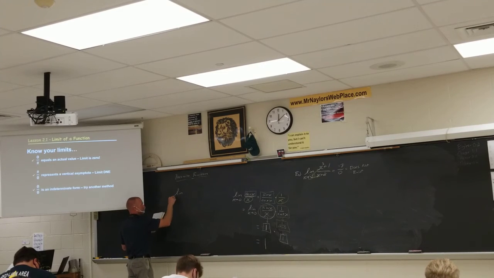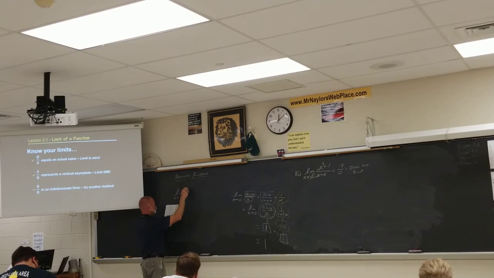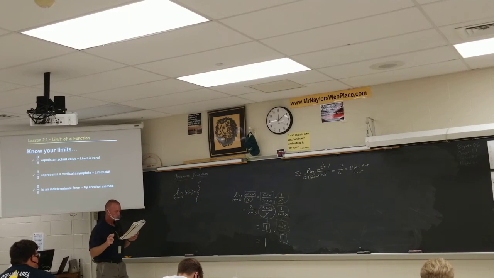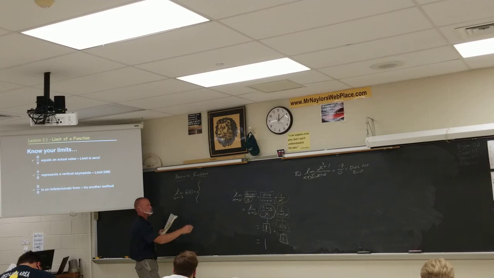Our goal for this whole chapter is to realize that, well, let me call this f of x, our goal is to understand that the definition of a limit is not going to change.